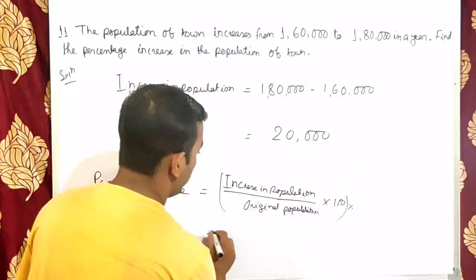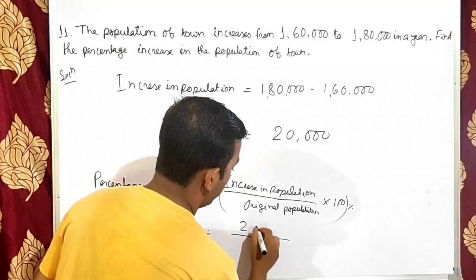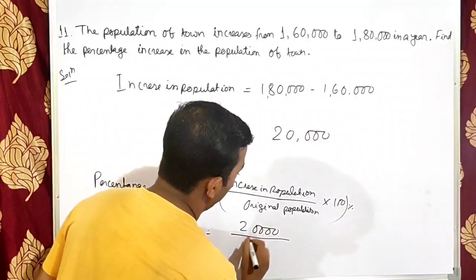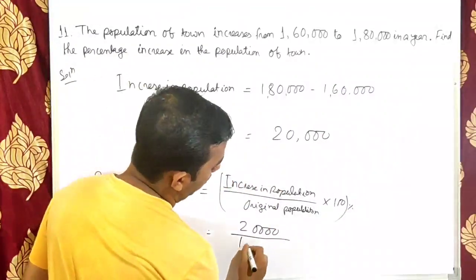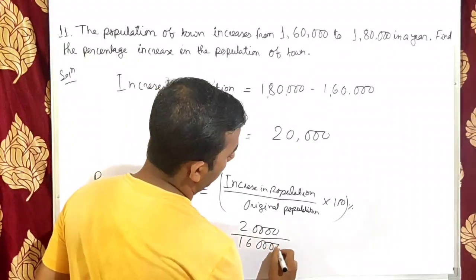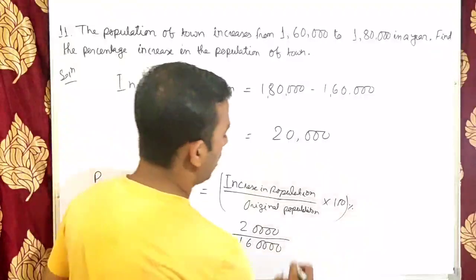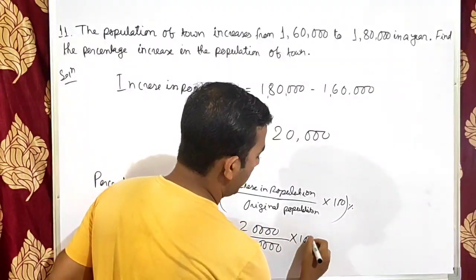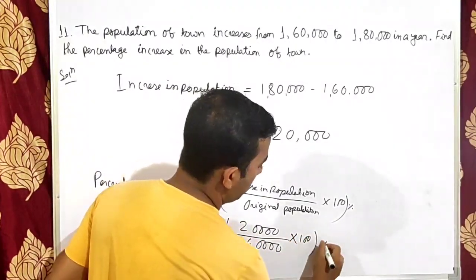Now the increase in population is 20,000. The original population is 1,60,000. Then into 100, then percent sign.